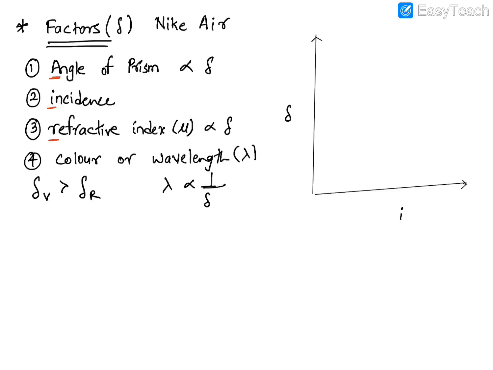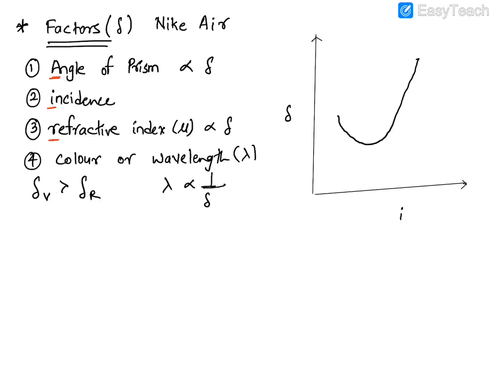Now see what happens: in the beginning, let's say you start your experiment with 0 degree angle of incidence, and then you start increasing the angle of incidence. Now what do you find? As you start increasing the angle of incidence, the angle of deviation starts decreasing. It keeps on decreasing, then it reaches a minimum value, and then it again starts increasing.